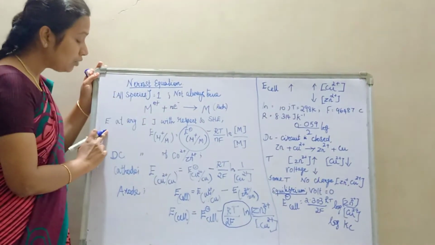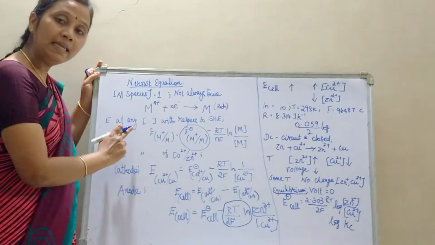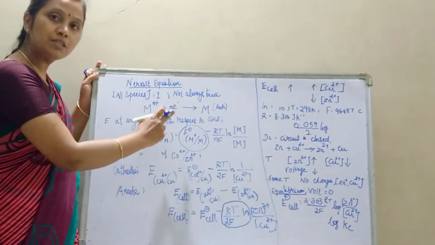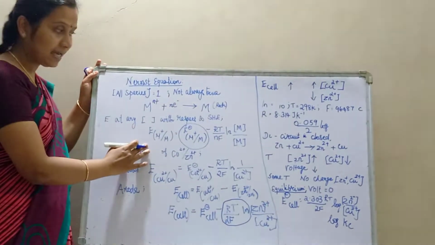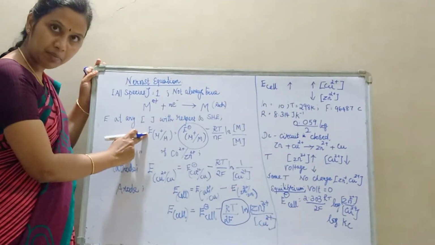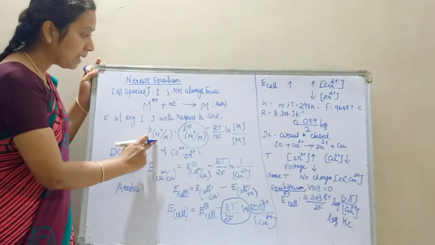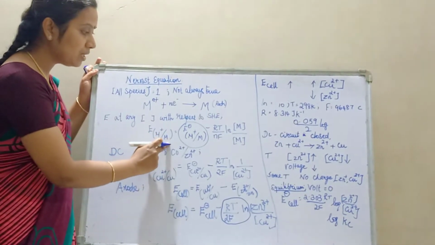Here the electrode potential at any concentration with respect to the standard hydrogen electrode will be expressed as E, which is nothing but the electrode potential. This M^n+ is the oxidized form and M the reduced form.